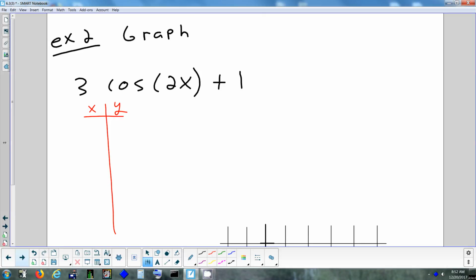Stretches or compresses which way? Along the x-axis. So the y's are going to stay the same for the first transformation. Tessa, what are my y values for cosine? 1, 0, -1, 0.